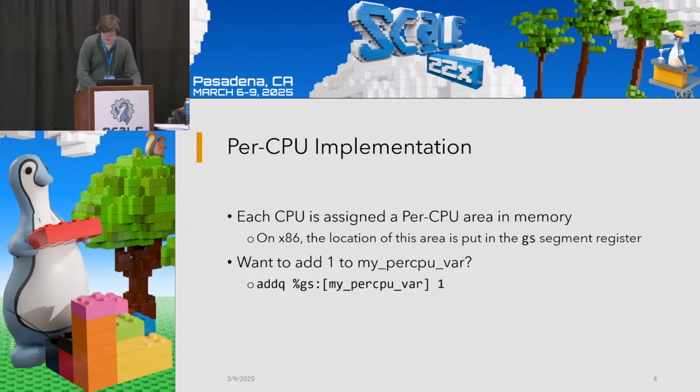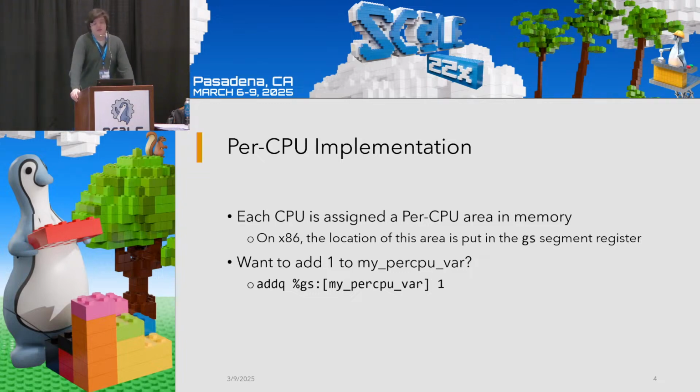So with that, let's actually look at how per CPU variables work. This is all stuff that exists right now upstream in the Linux kernel and is all accessible from the C side. Each CPU gets its own per CPU area in memory. This is just a block of memory that's set aside, one for each CPU. And the location of that area is put into the GS segment register.